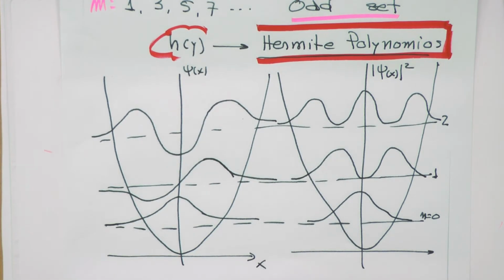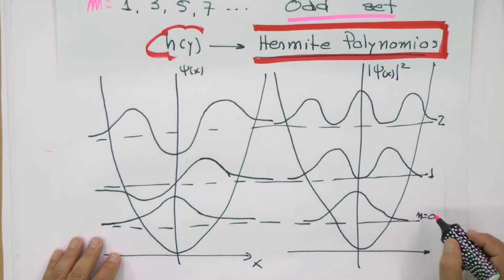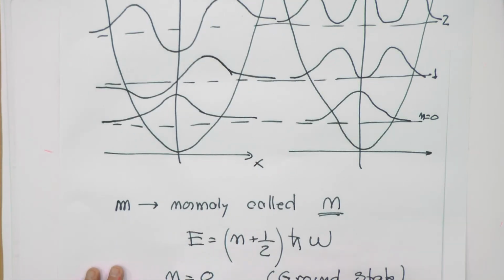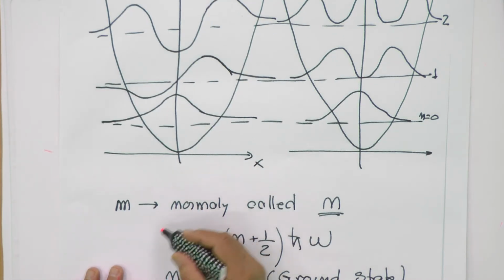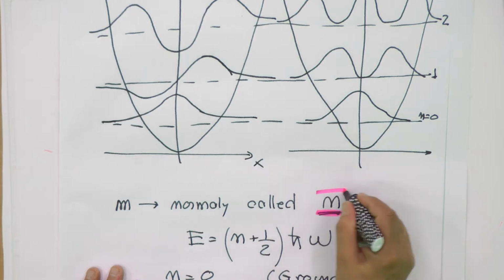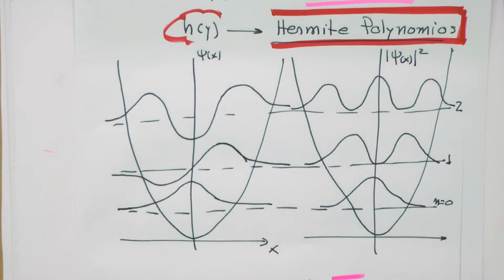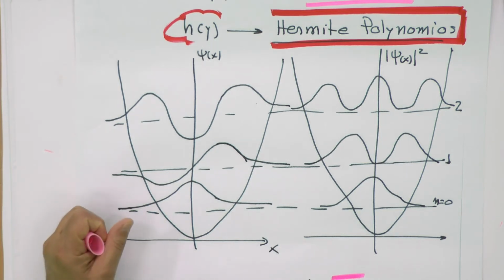And here I am representing in the potential some energies and some functions. So I'm putting different n's. I'm going to call it n instead of m now, right? Normally m is called n in textbooks, an integer, a natural number: 0, 1, 2, 3, and so on.